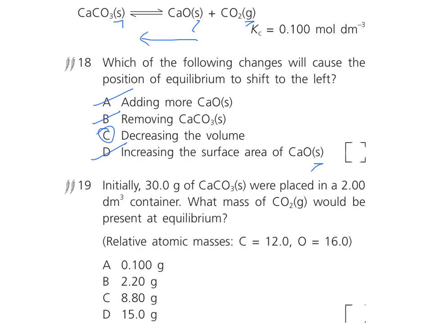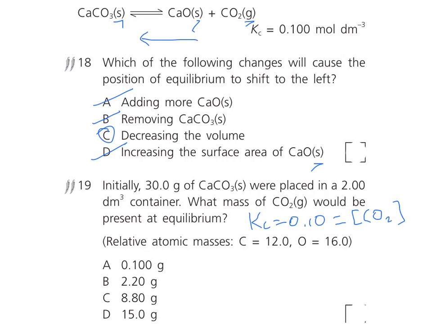Initially, 30 grams of calcium carbonate put in a 2-liter vessel. What mass of CO2 would be present at equilibrium? The mass of calcium carbonate is really not that important here. What is important is that Kc is 0.1 from above. Therefore, that's equal to the concentration of CO2.